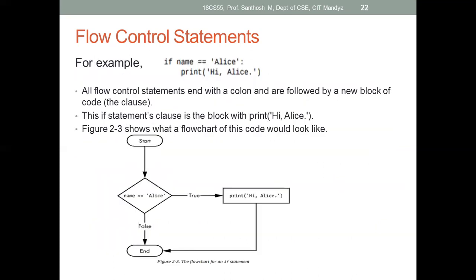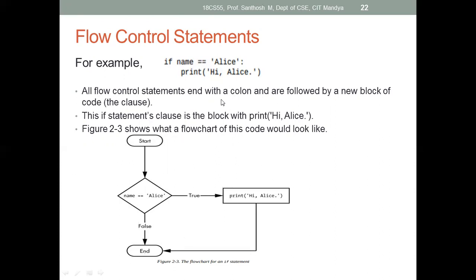See here, this is an example. First we write the if keyword followed by a condition. Here the condition is name equal to Alice, and after this you put a colon, and in the next line the clause. This indented block of code is the clause: print Hi Alice.